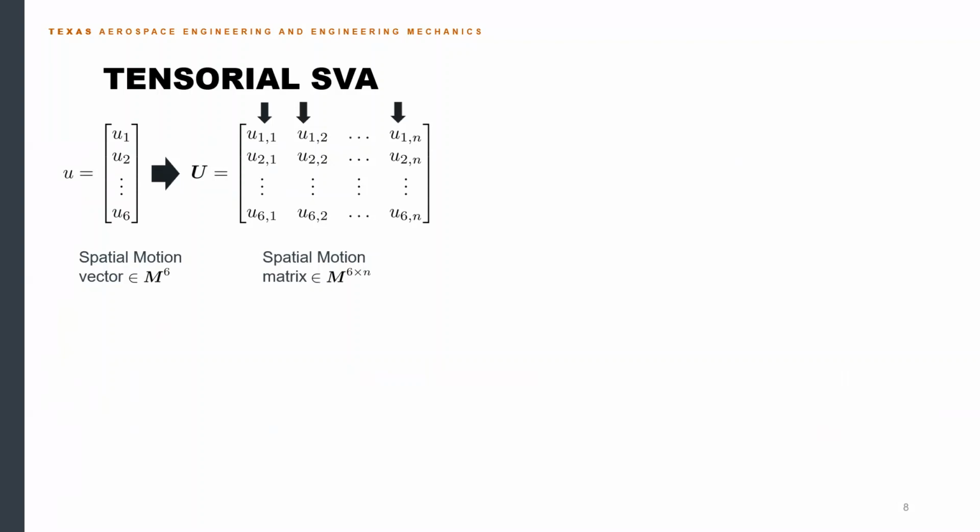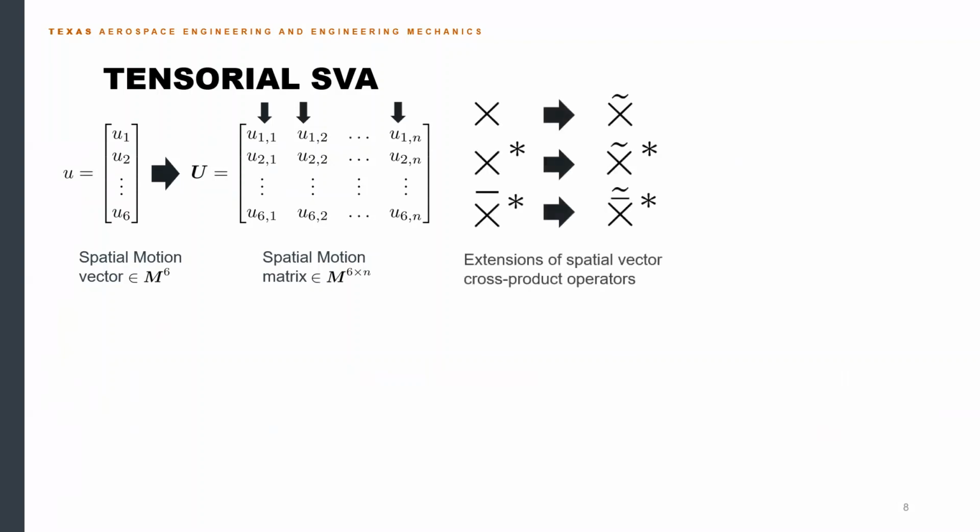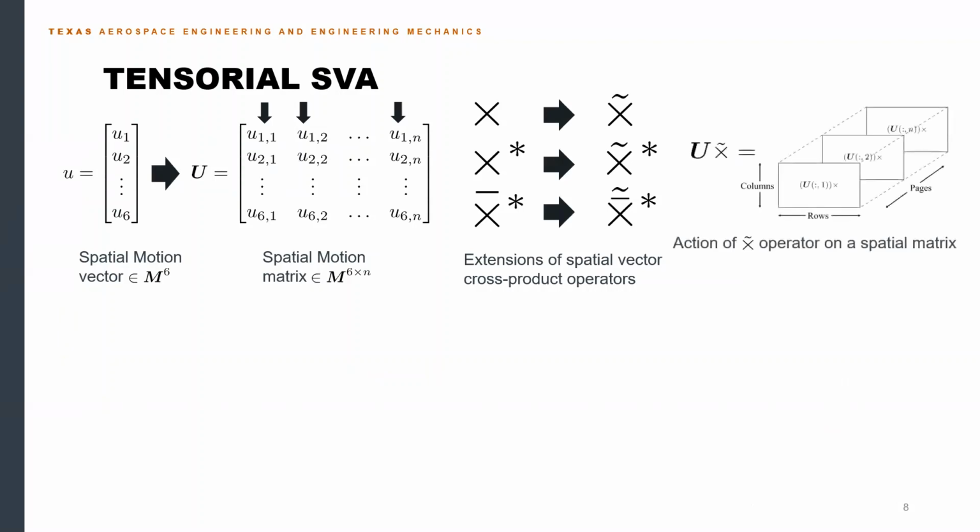The spatial cross product operators are also extended to operate on spatial matrices and are represented by a tilde over them. The action of a spatial matrix operator results in a 3D tensor where each page corresponds to a column of that matrix. These matrix operators help us to redefine the identities derived earlier for first order work. An example of this is given here.